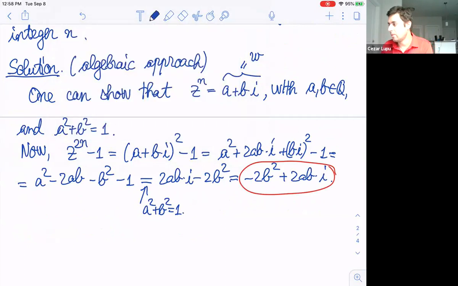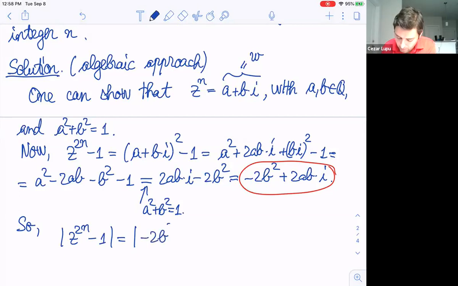And now the only thing we need to do is just to take the absolute value. So this implies that the absolute value of z to the 2n minus 1 will be equal to the absolute value of this number. Anyway, I'm not going to call it with another letter. I'm just going to use it the way it is, negative 2b squared plus 2ab times i.